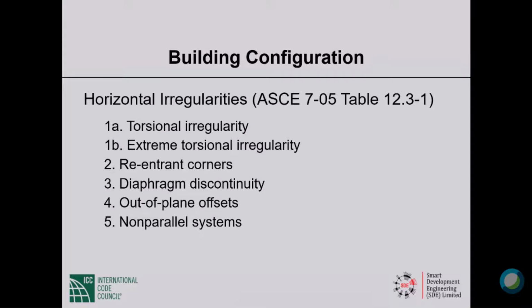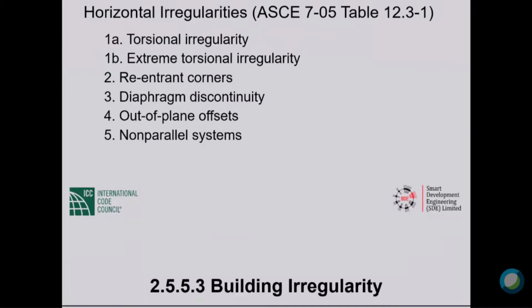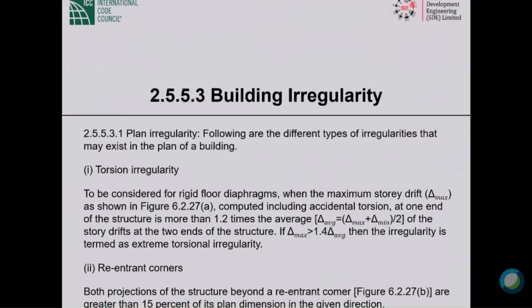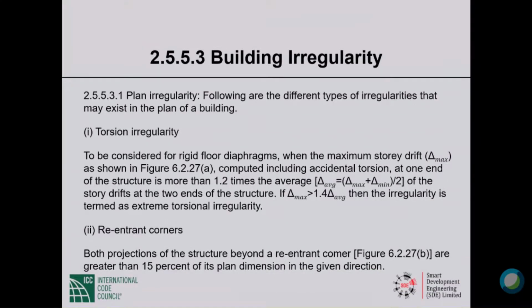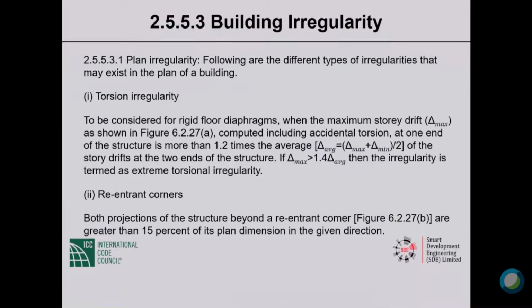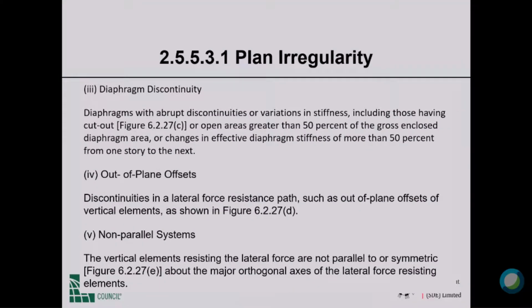Building configuration, horizontal irregularities, ASCE 7-05 Table 12.3-1. The counterpart in BNBC 2020 is section 2.5.5.3. It gives you the same plan irregularities.